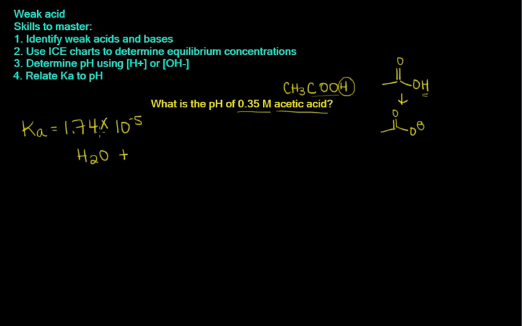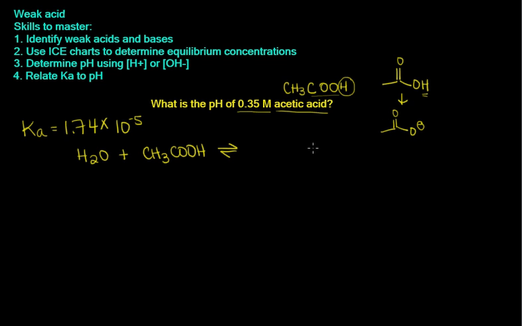So we're taking water and our acid, CH3COOH. This works for any weak acid. This reaction is of course going to be reversible, because not 100% is going to make this product. That's what makes it a weak acid. Some portion of these protons will be lost, but some is going to remain.